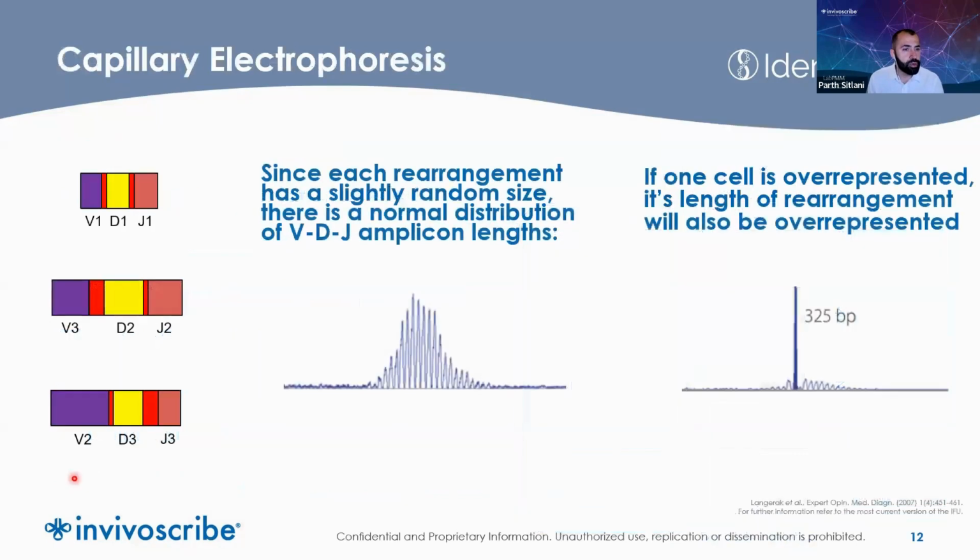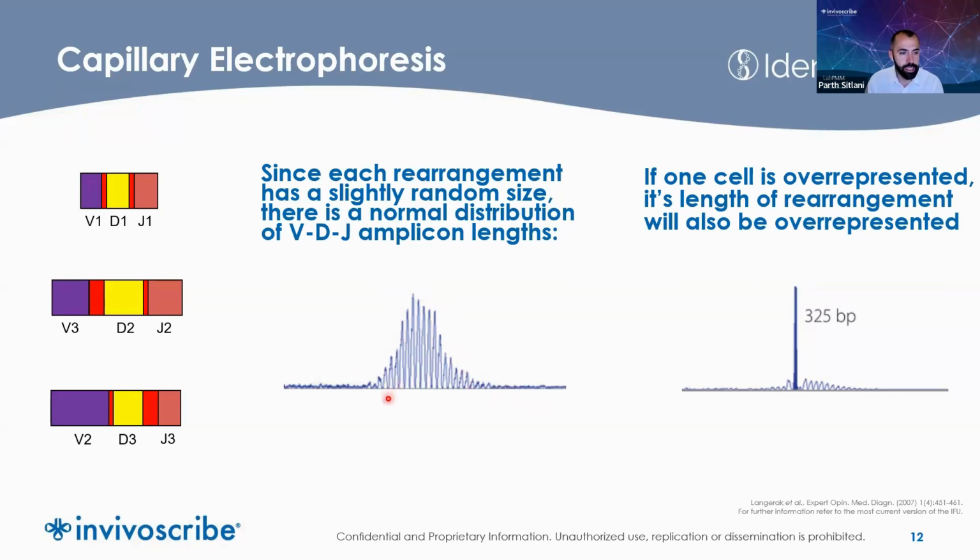So moving on to capillary electrophoresis, I mentioned to you earlier that the size of the rearrangements are slightly different between the different B cells. And as in many things in nature, when you have an average value, we actually have values that have a normal or bell-shaped curve distributed around that average.